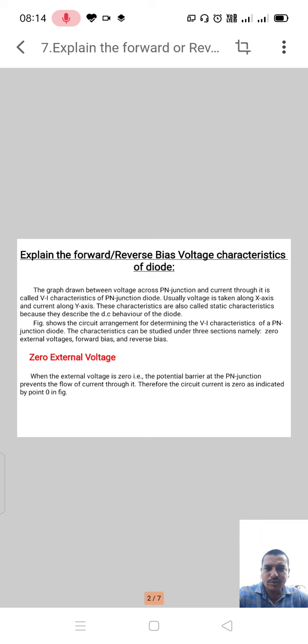When the external voltage is 0, the potential barrier at the PN junction prevents the flow of current through it. Therefore, the circuit current is 0 as indicated by point 0 in the figure shown in the next slide.